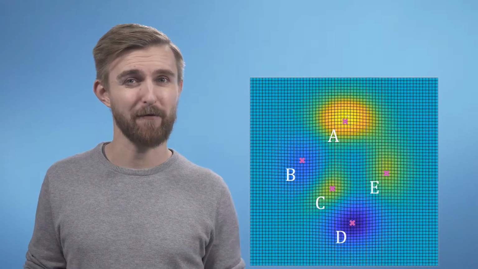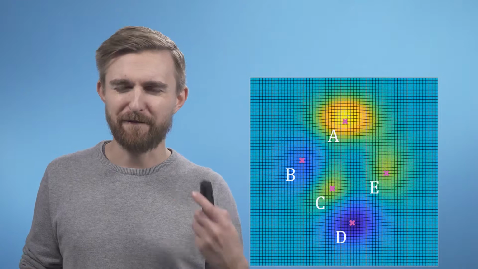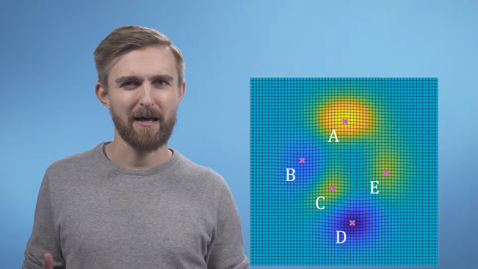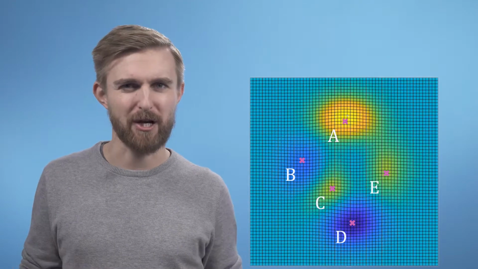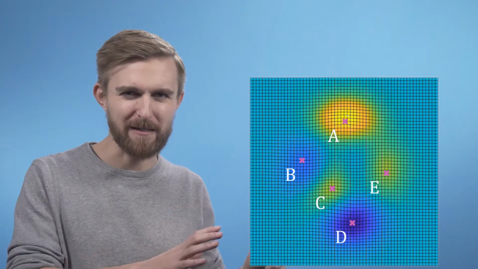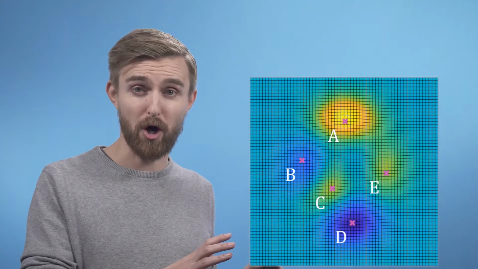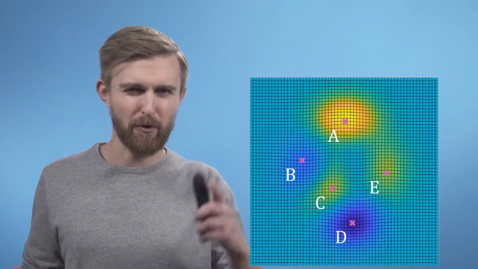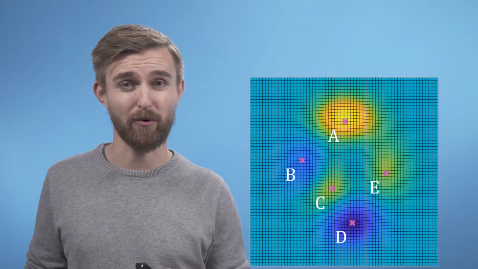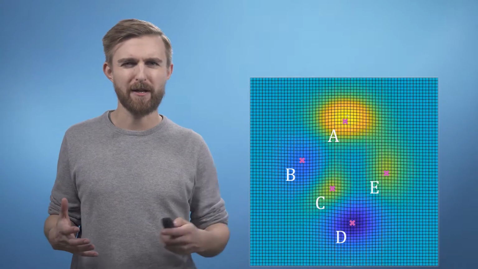All fairly straightforward. However, there's a very important point here that's perhaps so obvious that you might have missed it. Imagine standing on the surface with its hills and valleys, and we're trying to climb to the top of the highest peak. That's no problem. We just look around, spot the tallest mountain, and walk straight towards it. But what if we were walking at night?